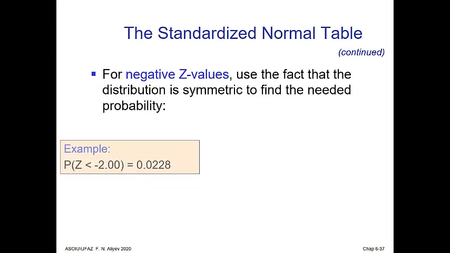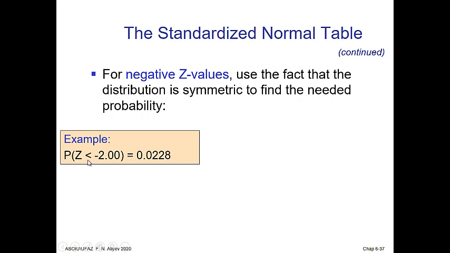0.9772. One more example about negative values. Suppose that we want to calculate the probability of z less than -2. By using the table, you can easily find that it's 0.0228.